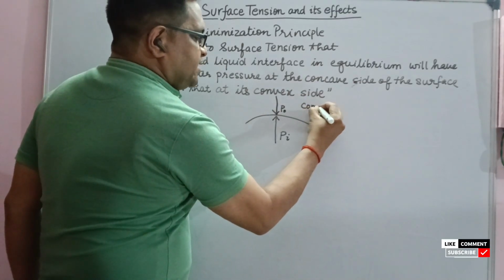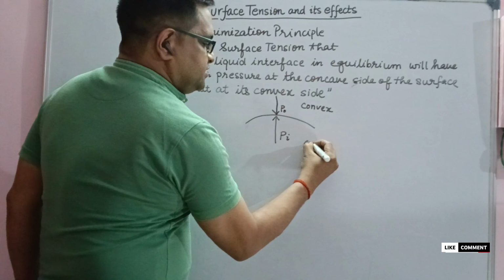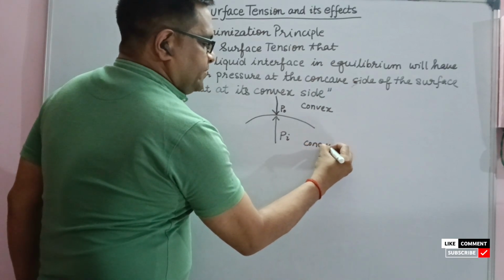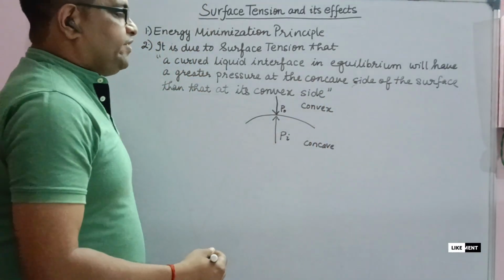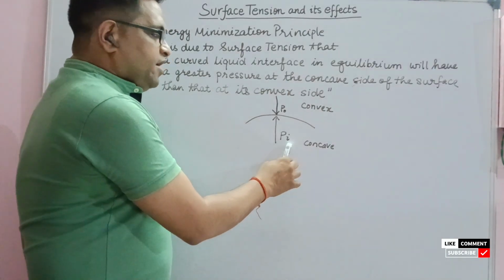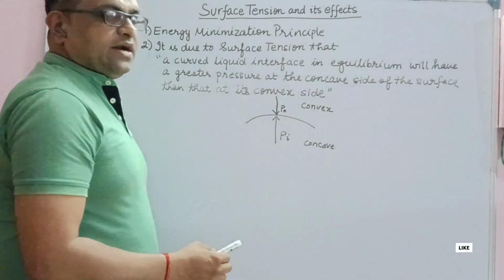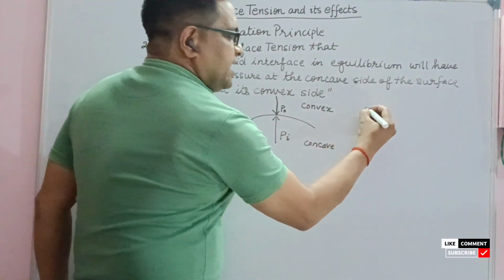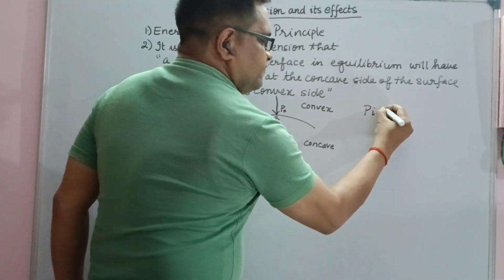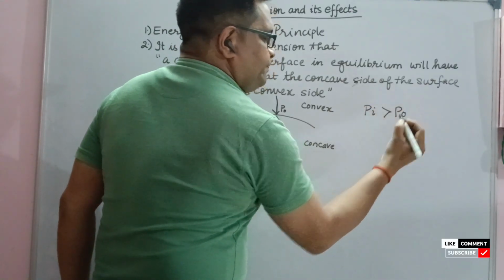According to our statement, the pressure at the concave side will always be greater, so we have Pi always greater than PO.